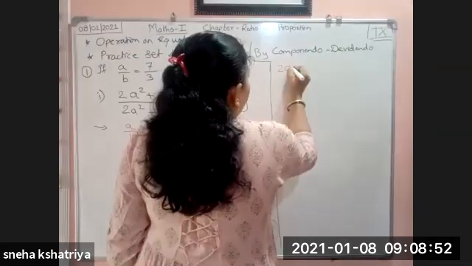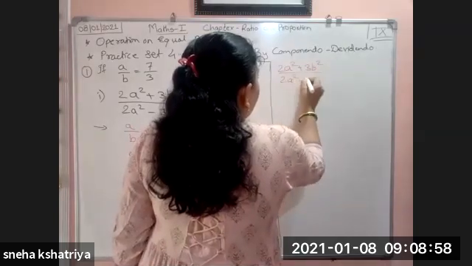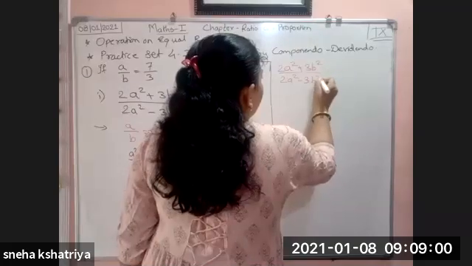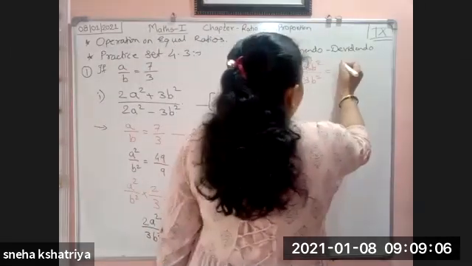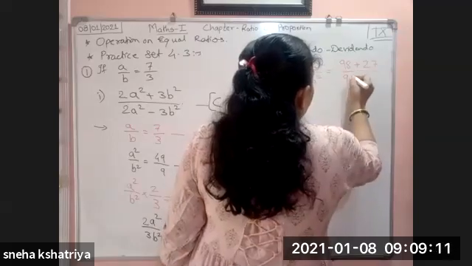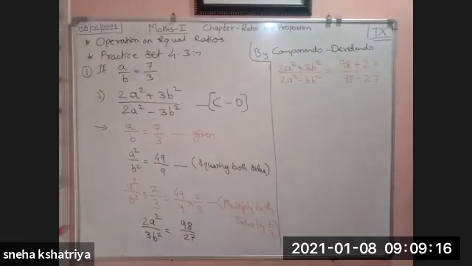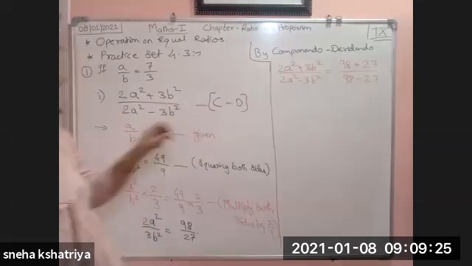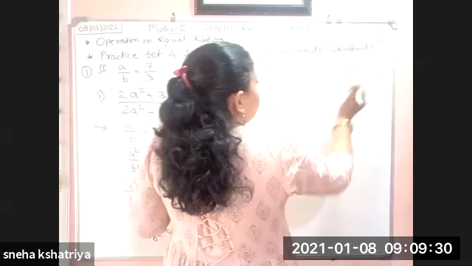So we get 2a square plus 3b square divided by 2a square minus 3b square. The same operation is carried out on the right side: 98 plus 27 divided by 98 minus 27. So here we get our original expression, and we just have to solve this term.